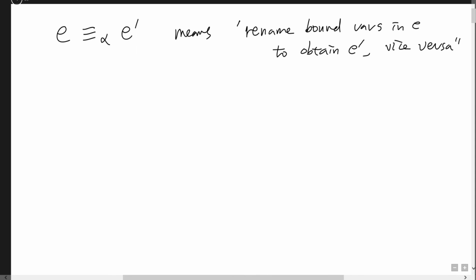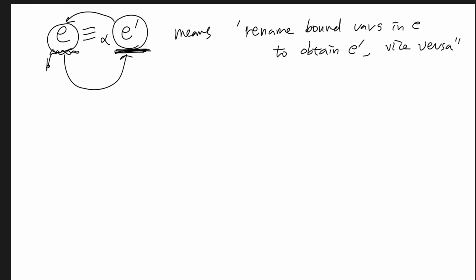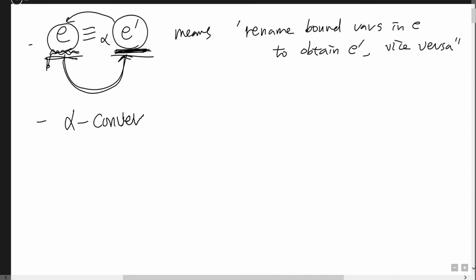So what that means is that you rename bounded variables inside expression E and obtain expression E prime. Or you can start from this expression E prime, rename bounded variables in the expression E prime, and then obtain expression E. If we think of this operation as a conversion, like converting expression E into expression E prime by renaming bounded variables, we obtain something called alpha conversion. And this equivalence relation is called the alpha equivalence relation.